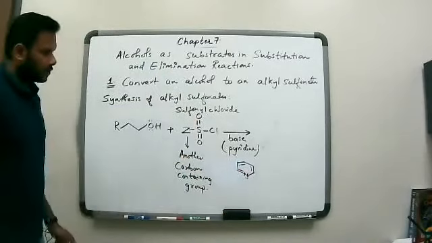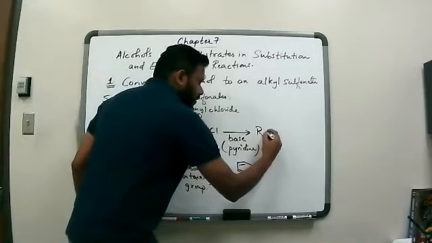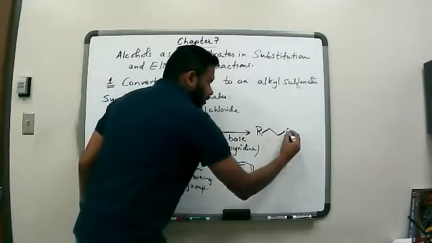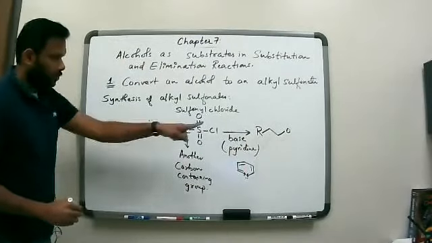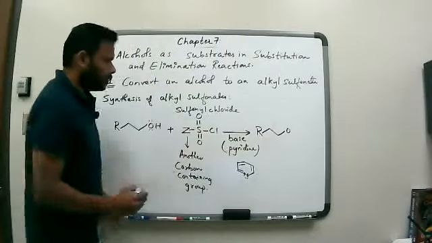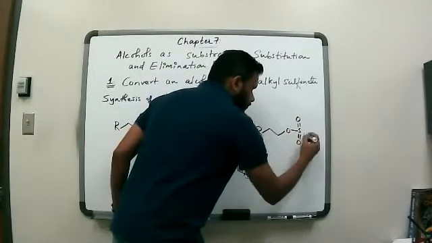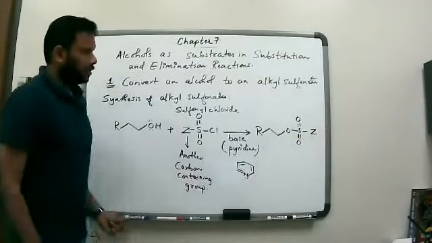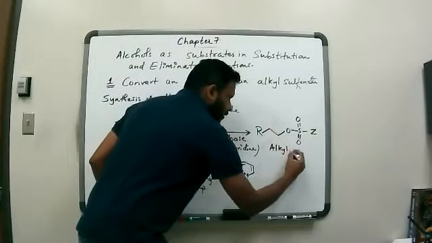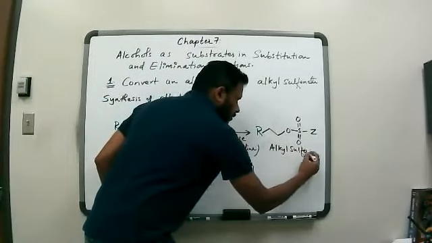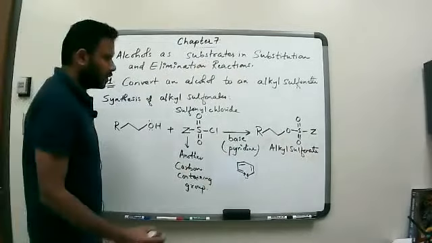So when you do this reaction, what you get is O, and this O is actually coming from your alcohol, then Z. So that's an alkyl sulfonate.